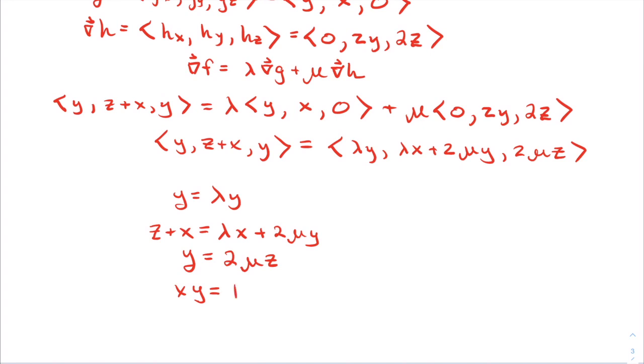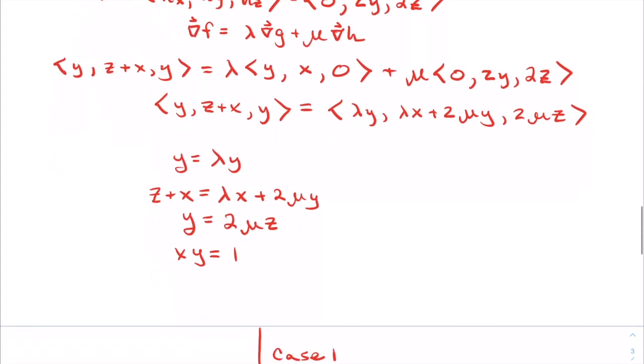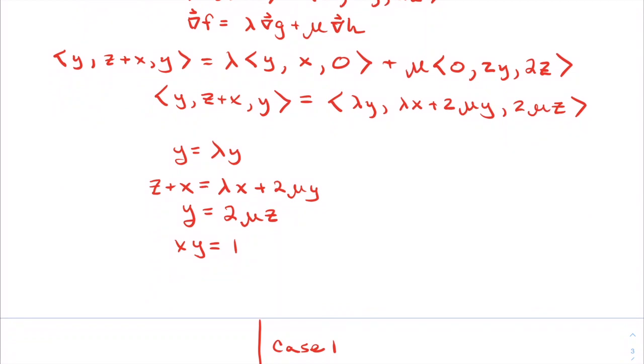And then the last equation is the second constraint, y squared plus z squared equals 1. Okay, so that's our system.